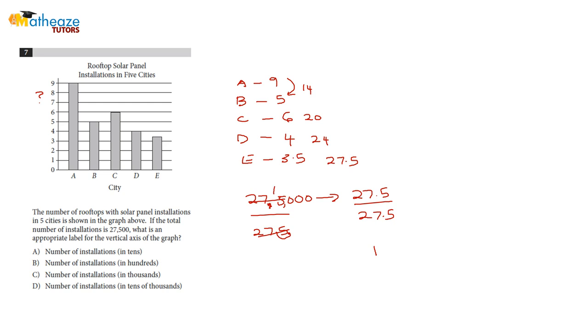So we have 1000 to 1 as our scale factor. What that means is that we're going to have the number of installations in thousands, because we have a scale factor of 1000 to 1.